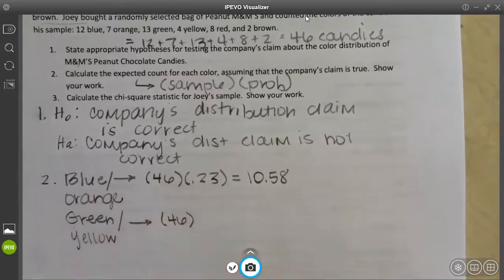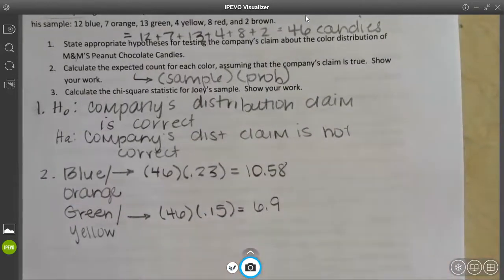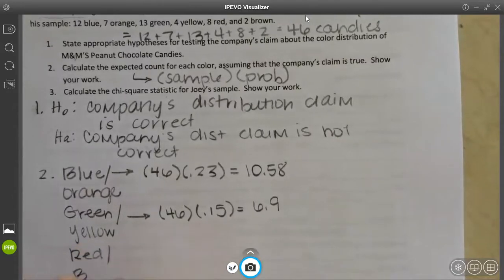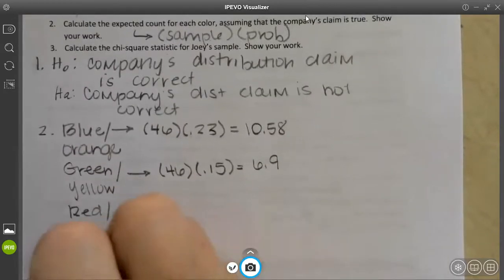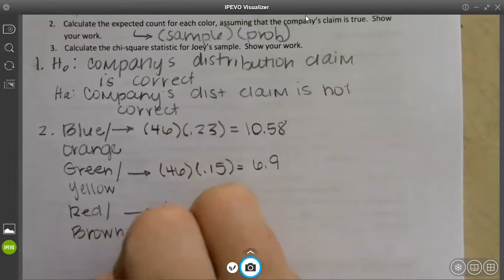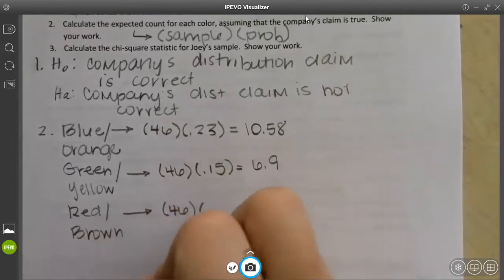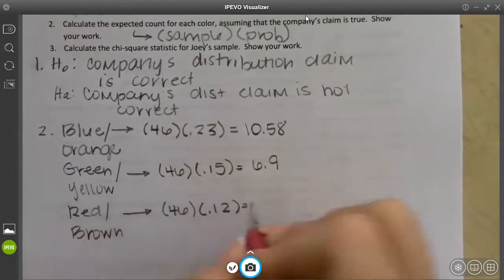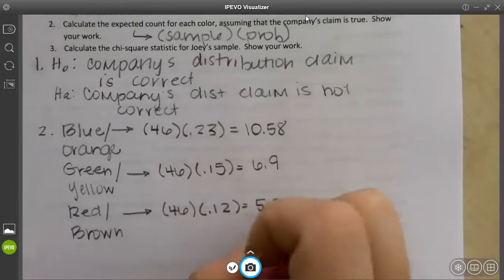So we would do 46 times, green and yellow was 15%, which gives us 6.9 candies. And then I'll move it up in just a second. Red and brown. 46 and 12%, which gives you 5.52.